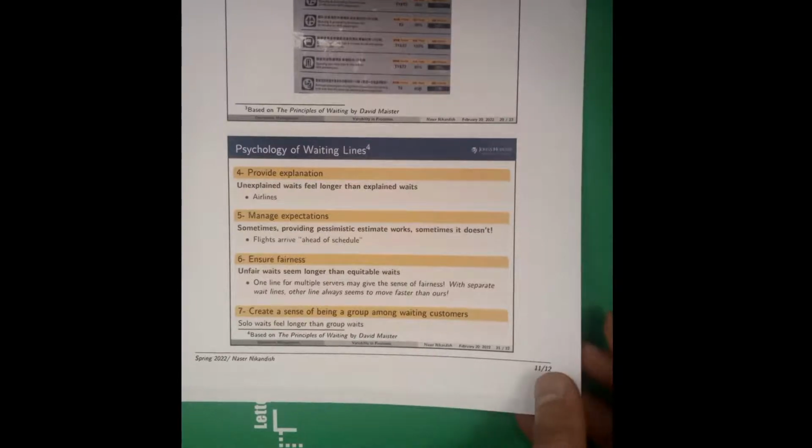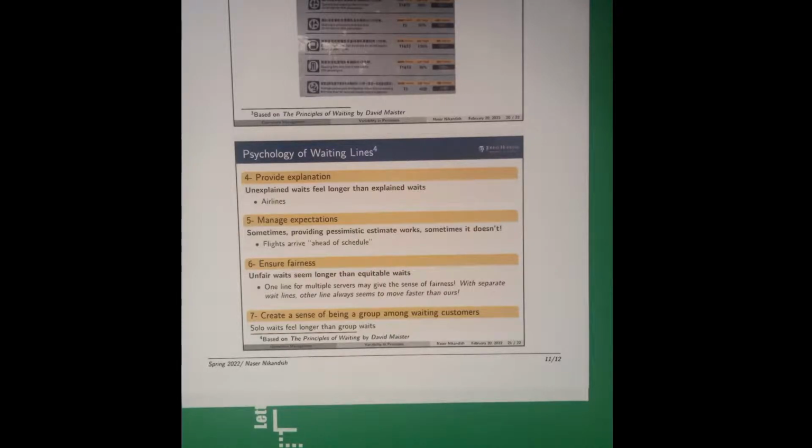This happens a lot among airlines. If customers are waiting because of weather, because they don't have staff or pilots, or because, I don't know, the pilot is stuck in heavy traffic, explain it to the customer. Say, listen, this is what's happening, this is why you are waiting. If you explain and provide information that your flight has been delayed for 2 hours, customers usually find a way to entertain themselves.